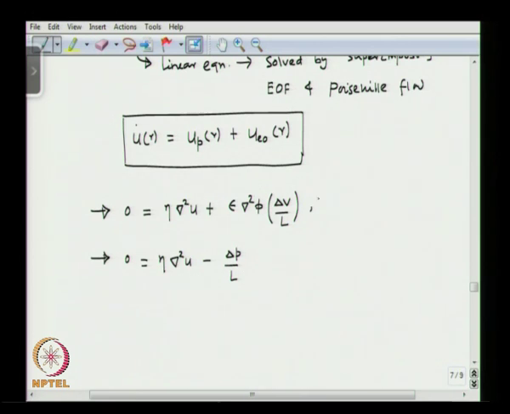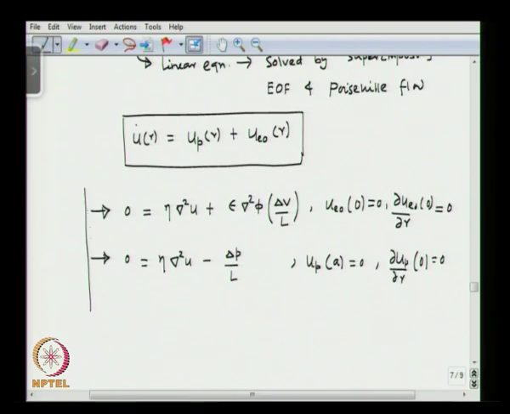So, here this equation would be solved using the condition u electroosmotic at a is 0 and del u EO over del r at 0 is 0, and this equation will be solved based on u P at a is 0 and del u P over del r at 0 equal to 0.